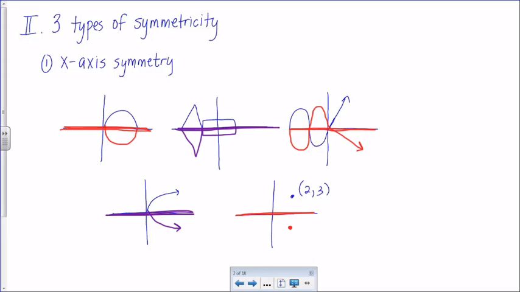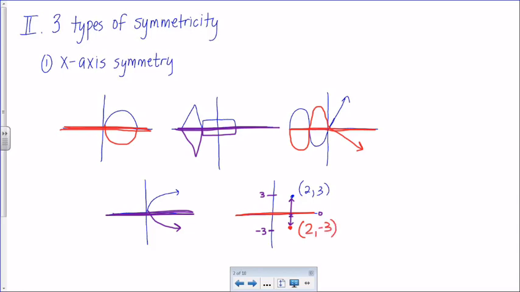And so to get from the x-axis, which is 0, up to here, which is 3, I have to go 3 units, right? So this has to be at -3. So the x value is 2, but the y value is -3, right? Because to get from the x-axis down to that point is -3. So the symmetrical point is 2, -3.